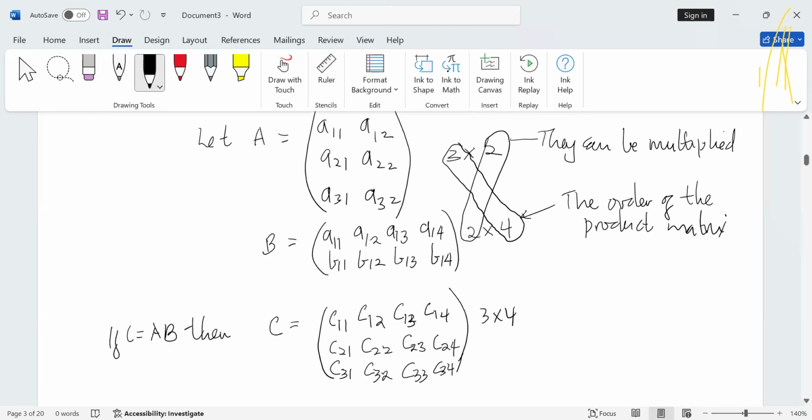You're multiplying row 1 by column 1, row 1 by column 2, row 1 by column 3, row 1 by column 4. So that tells you what your product will be. And so once you write the elements in that matrix, it can tell you how to multiply.